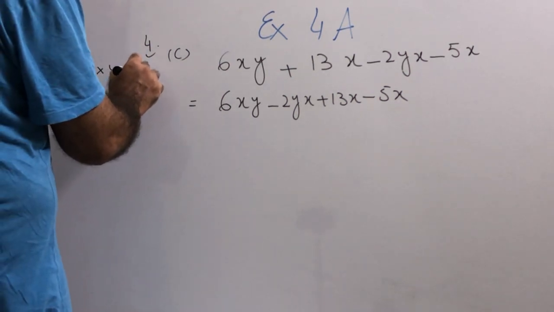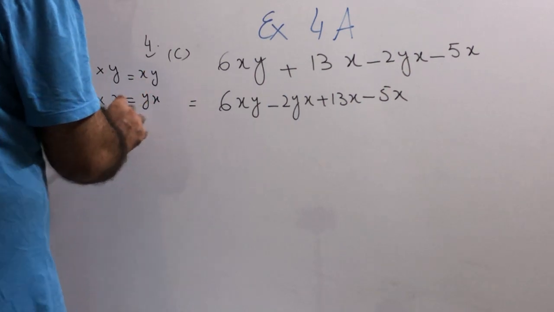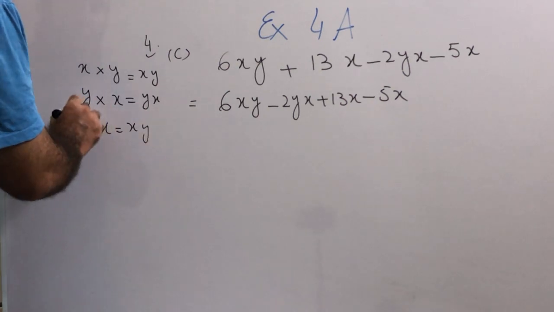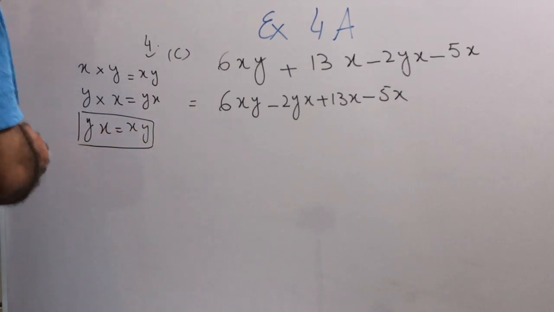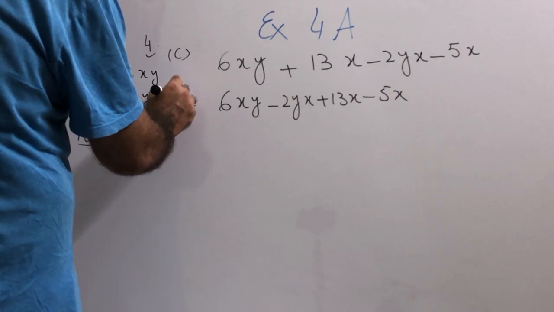We can say yx is equal to xy. In multiplication both are same. X multiplied by y is xy, y multiplied by x is yx, but we can also write it as xy.